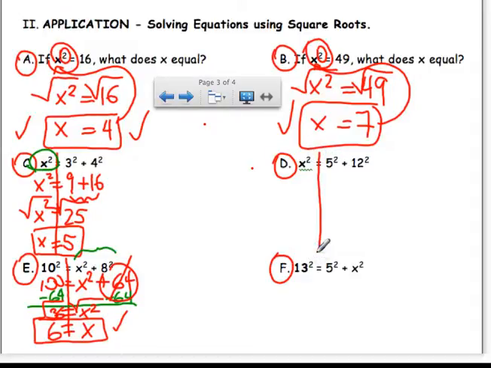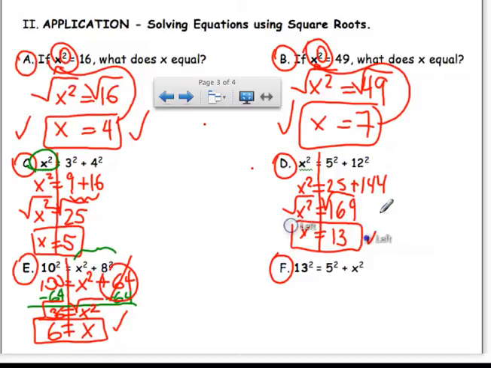Okay, you've tried D, so now it's time to check. X squared equals 5 squared plus 12 squared, that's 25 plus 144. Add those together, and that means x squared equals 169. Find the square root, and that means x equals 13. Check yourself if that's what you had. Next, F, 13 squared equals 5 squared plus x squared.